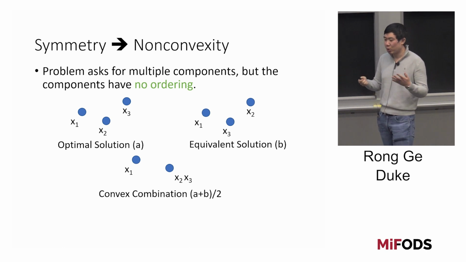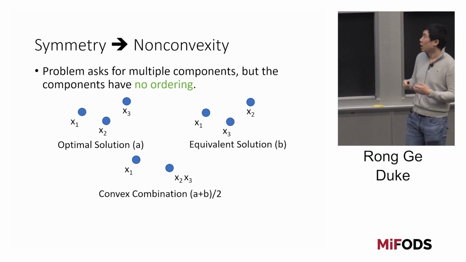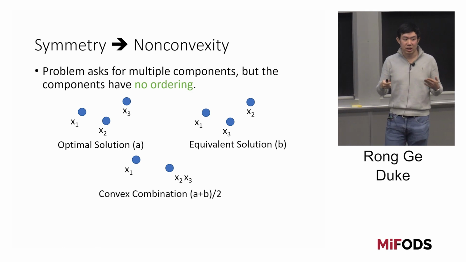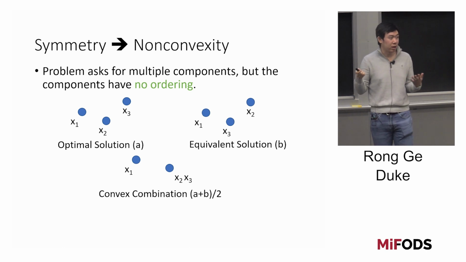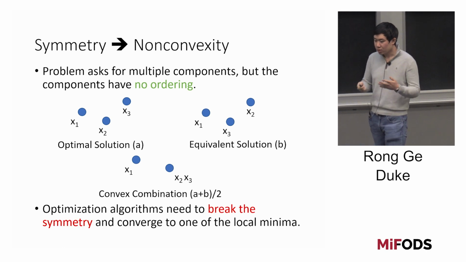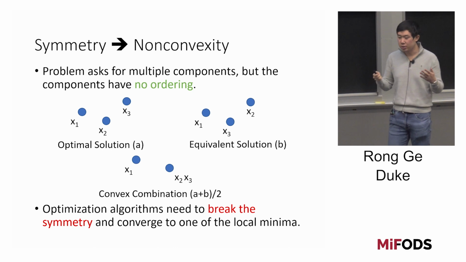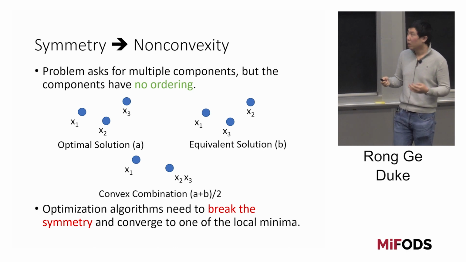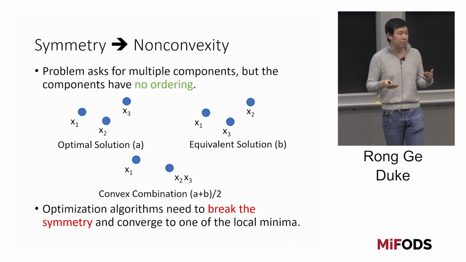So that's why whenever your objective function has this kind of symmetry property, it must also be non-convex. Otherwise, these trivial solutions are also going to have good objective function value. Because of this, optimization algorithms somehow need to break the symmetry and converge to one of many equivalent local optimal solutions.